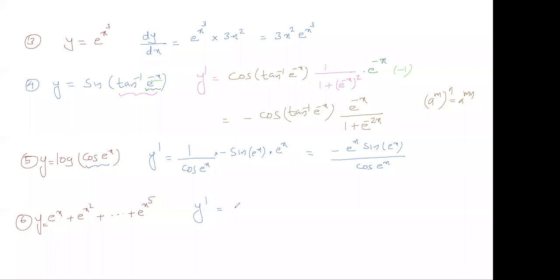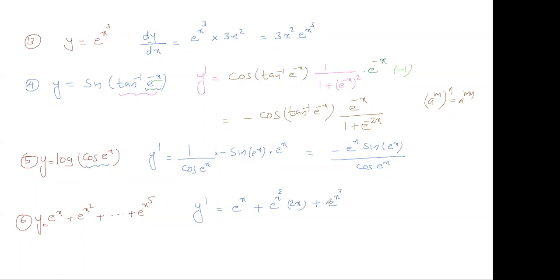So first term e to the power x, उसका derivative e to the power x itself, plus e to the power x square. e to the power x square is of the form e to the power x. So e to the power x का derivative e to the power x itself. So it is e to the power x square. But x के जगह x square था उसका derivative से multiply करना, chain rule. So into 2x plus next is e to the power x cube है. So e to the power x cube का derivative, it is of the form e to the power x.